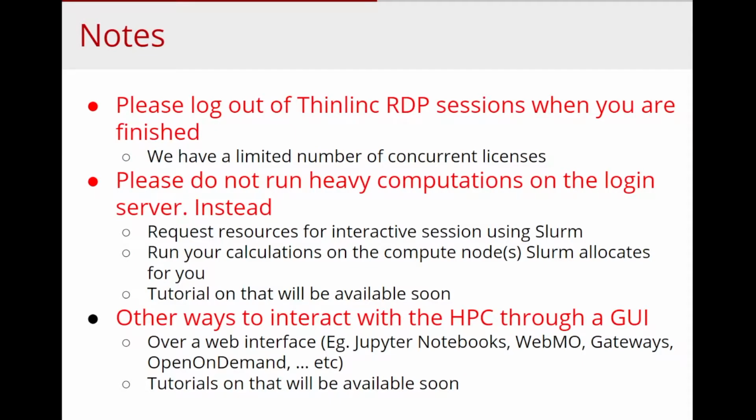But if you have anything that's heavy duty that takes a lot of CPU, memory, time, what you want to do is request appropriate resources using Slurm, and then Slurm would tell you you can use this node to run your calculation, and then you can log into those nodes to do the actual heavy duty calculation, and we'll have a tutorial on that shortly.